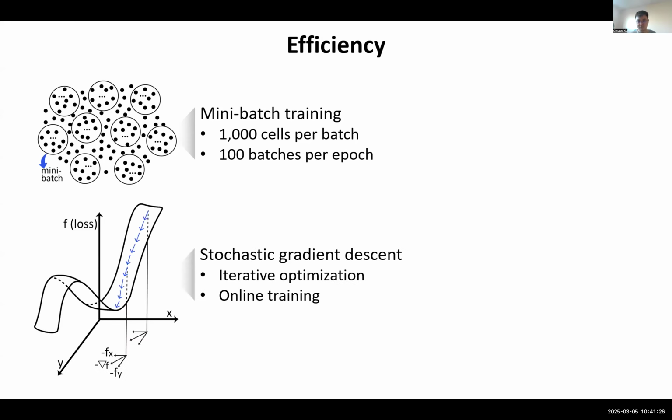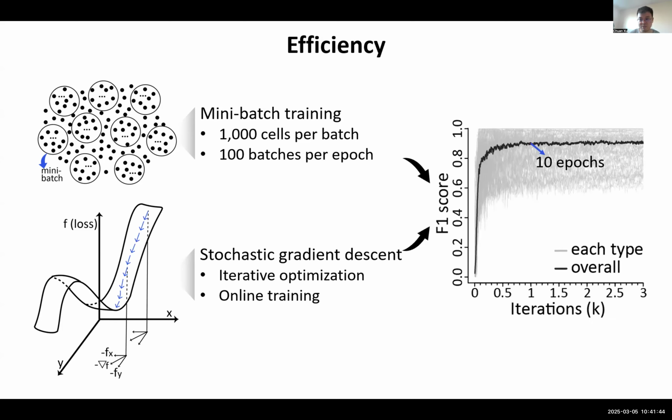In parallel to the mini-batch approach, CellTypist uses the stochastic gradient descent learning to solve the loss functions to allow online training. The combination of these two approaches yields promising results in the performance of CellTypist.